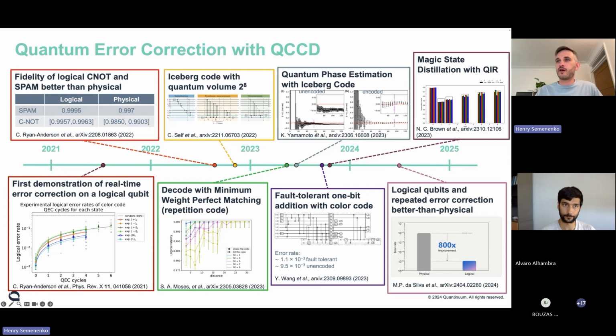The last result, on the bottom right, is the one that I'm going to highlight. It was a result from a few months ago in collaboration between Microsoft and ourselves. This showed that we could create logical qubits that are better than the physical error rate, and also demonstrated repeated error correction, which is going to be critical in larger systems.